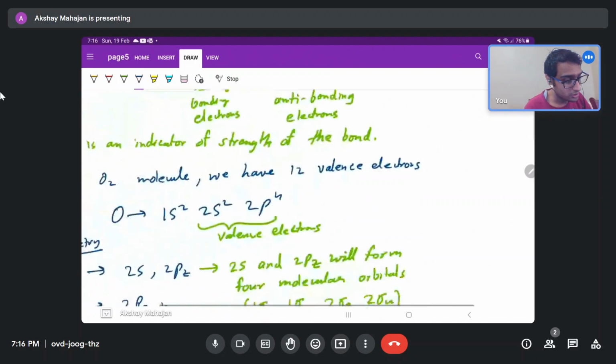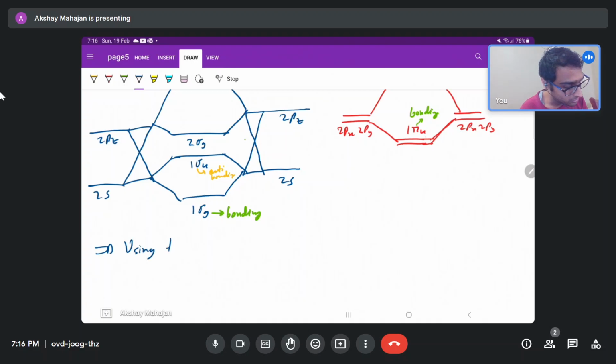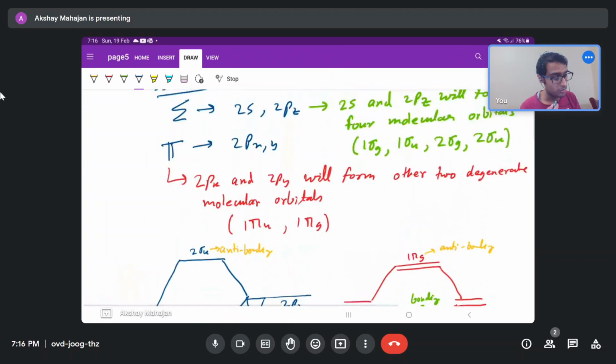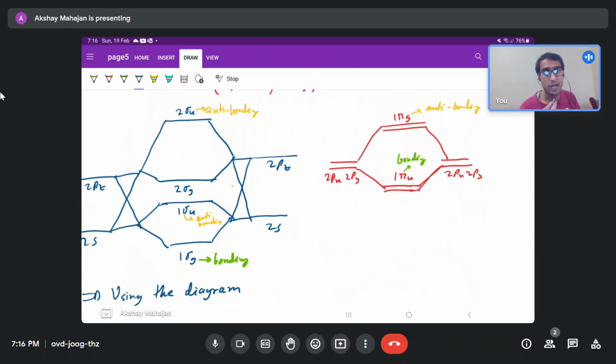So for the oxygen ground state, using the diagram above, I made this calculation because it was done in the class as well. Mainly, they will combine independently, the ones having sigma symmetry and the ones having pi symmetry, and form sigma and pi bonding and anti-bonding orbitals, and accordingly they will have their energy levels.